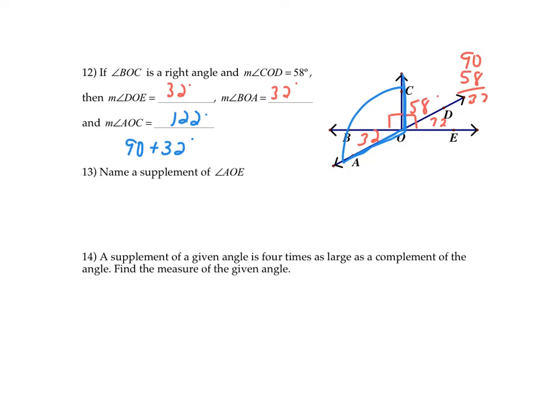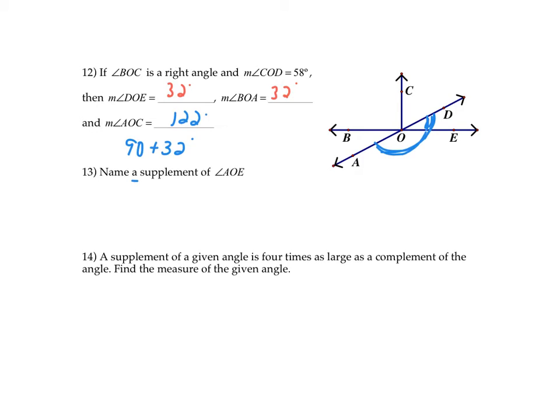All right, I'm going to clean this up a little bit and answer the last question for this diagram, which says name a supplement of angle AOE. This angle is angle AOE, so you can look at it in one of two different directions. You can continue on and form the line right here, so we have a straight angle.